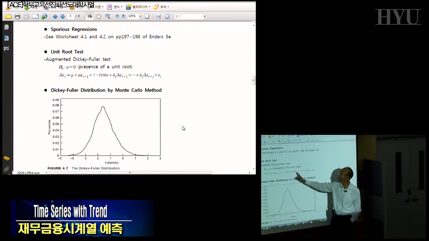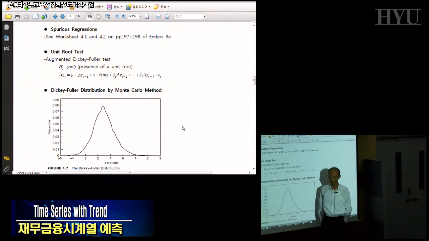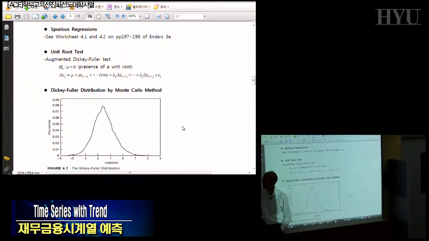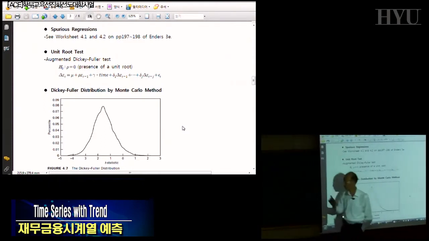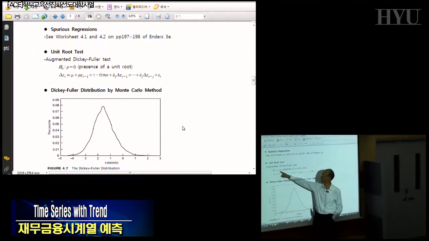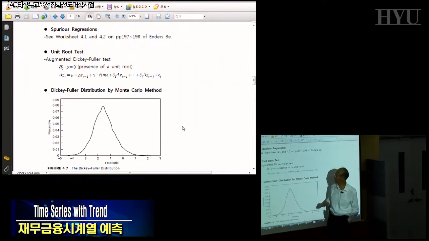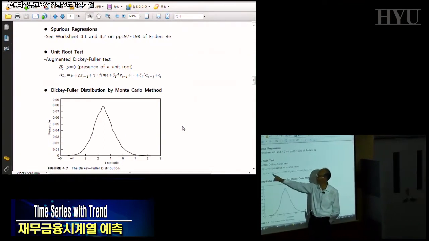If this turns out to be significantly negative, then this one. So we are testing with this as the null hypothesis, which says that if this is the case, then there is a unit root, which is the first one, the random walk process. If this is not 0, usually less than 0, then it is a stationary time series.